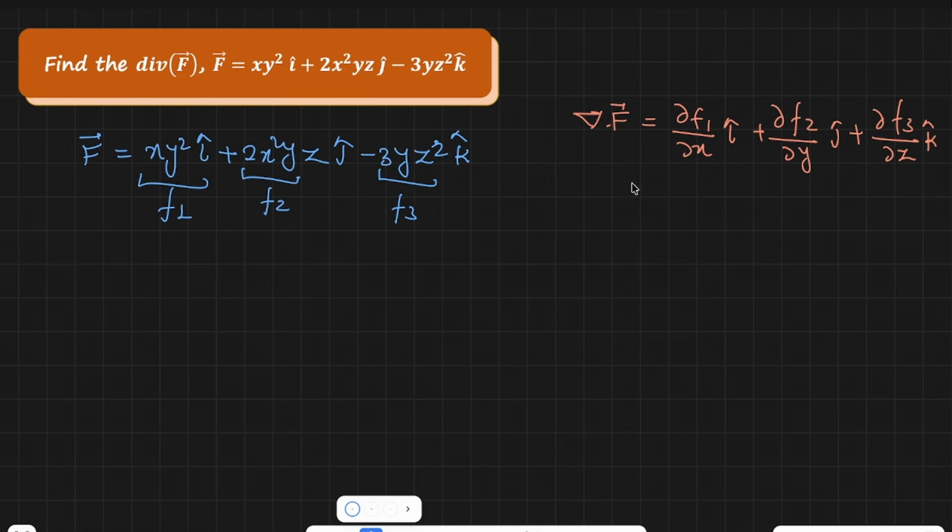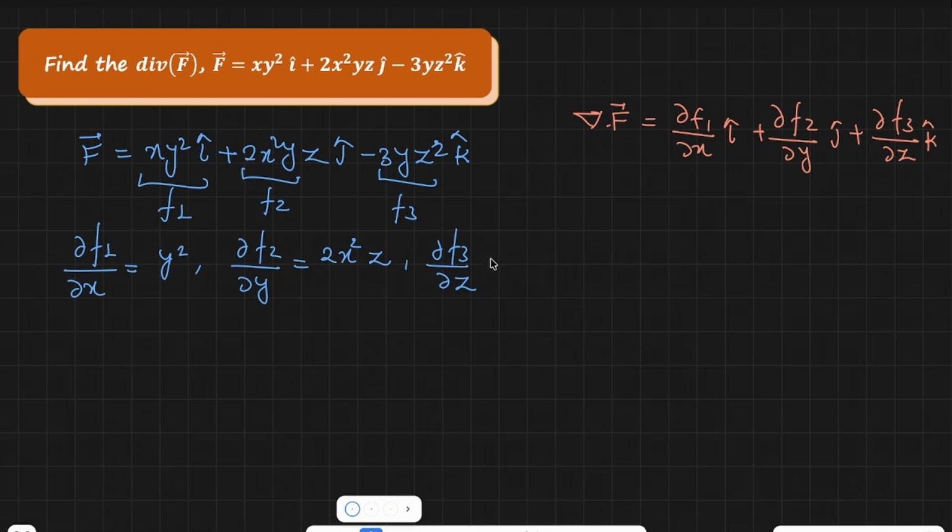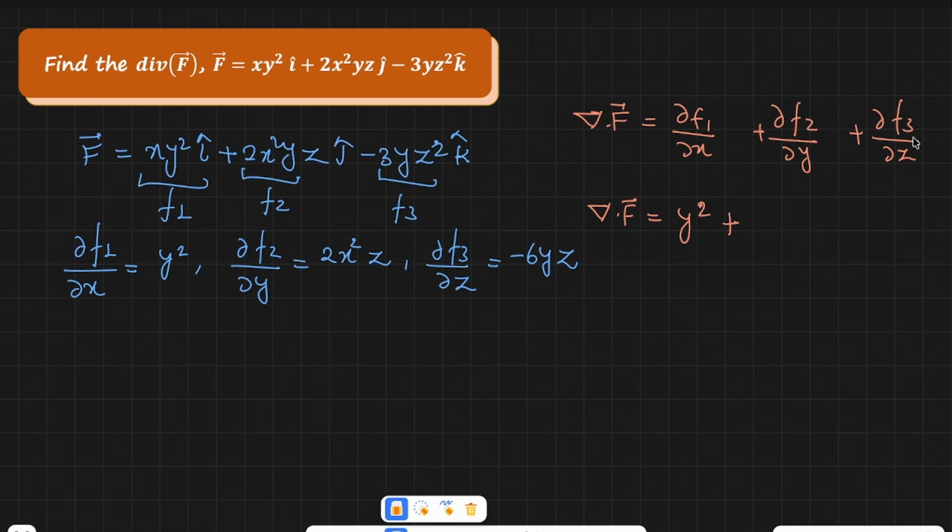So now your target is finding the partial derivatives. The partial derivative of f1 with respect to x is going to be y square. Again, the partial derivative of f2 with respect to y is going to be 2x square z, with the z as it is, and the partial derivative of f3 with respect to z is going to be minus 6yz. Now plug in these values, then simply we get the divergence of f is nothing but y square plus 2x square z minus 6yz. The i cap, j cap, k cap will not be there, sorry for that.